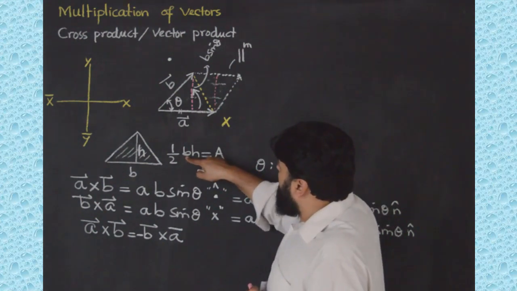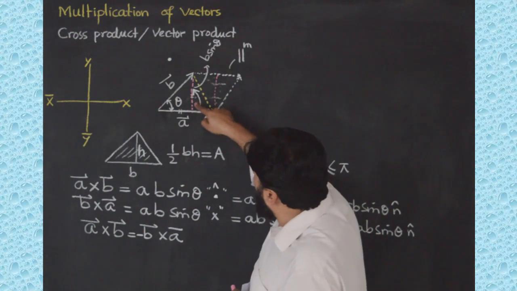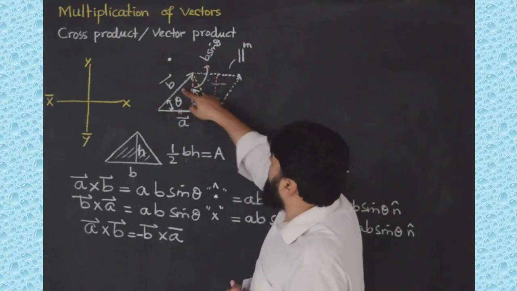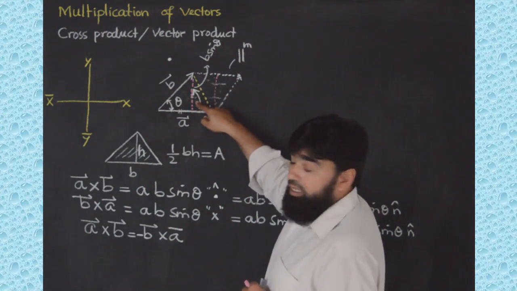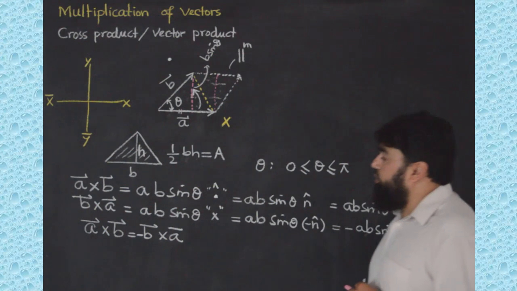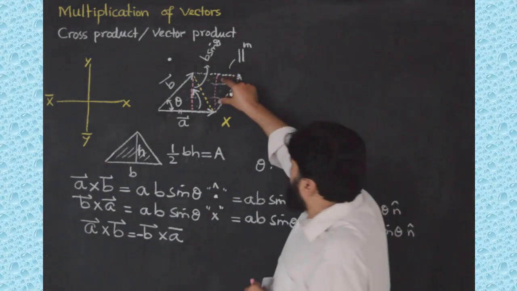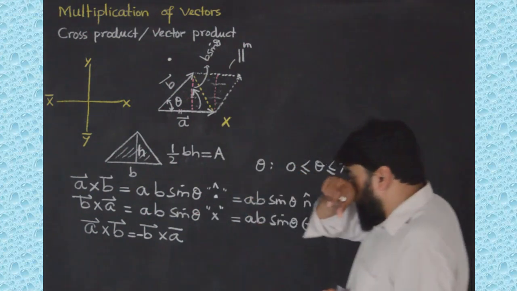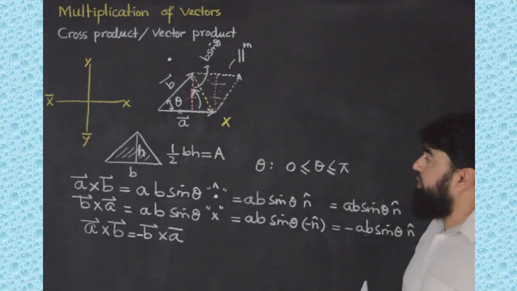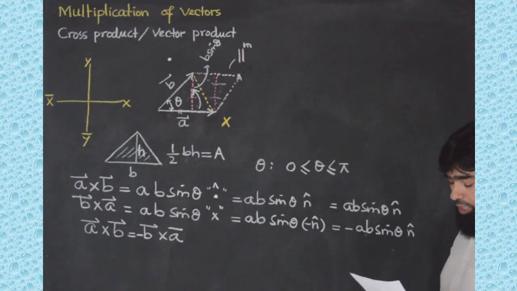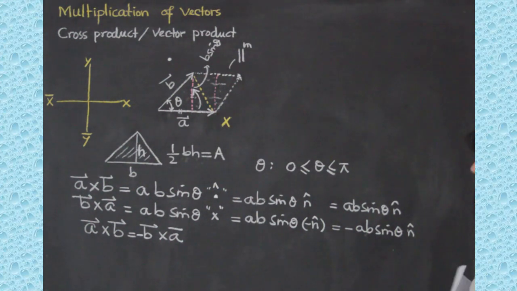Now B is the base. Here our base of this triangle is A, and the height comes out to be B sine theta. Similarly, the height here also comes out to be B sine theta, and we have written it like AB sine theta. So this is one of the examples of rotational dynamics.